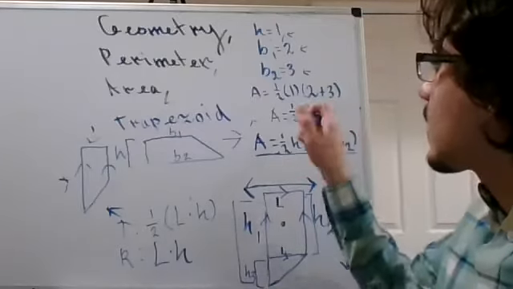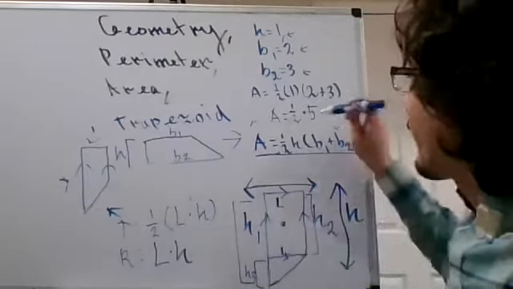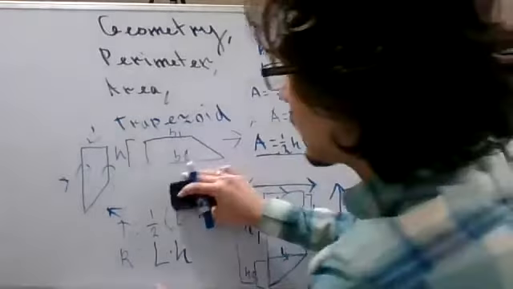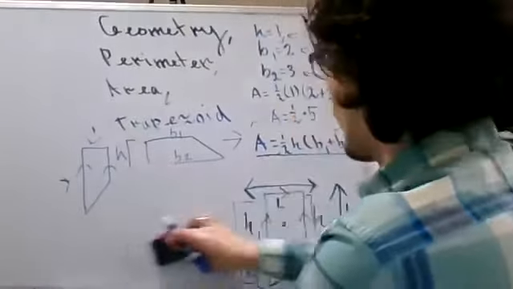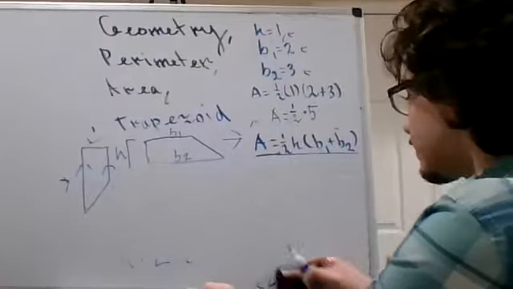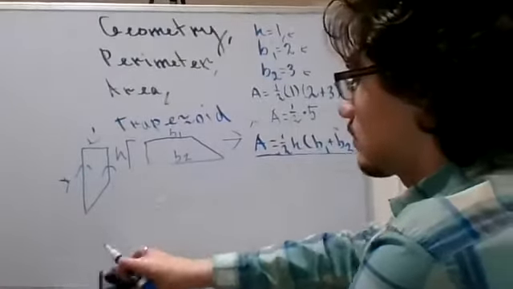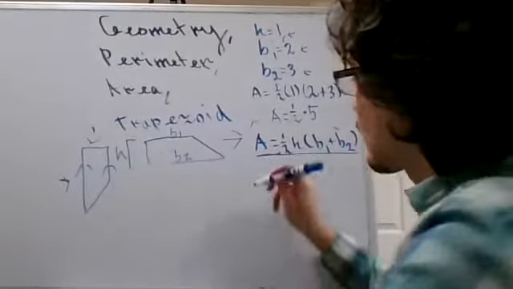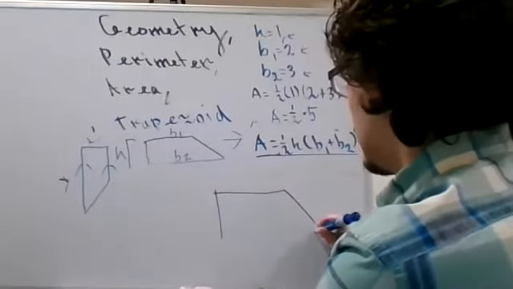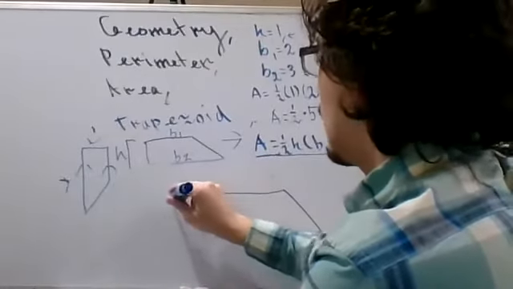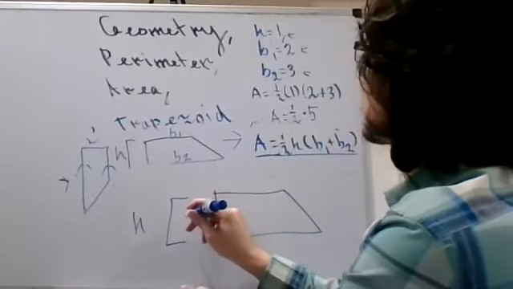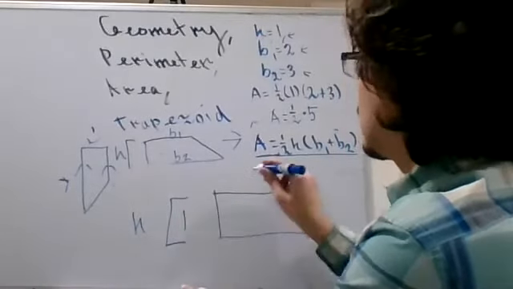So let's remember this for right now. Let's draw our imaginary trapezoid. We'll erase this for now. Draw our trapezoid. So our height, we said, was 1.